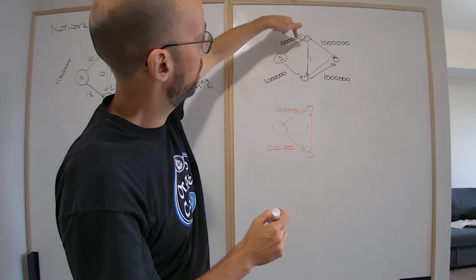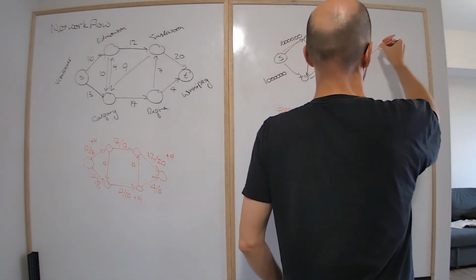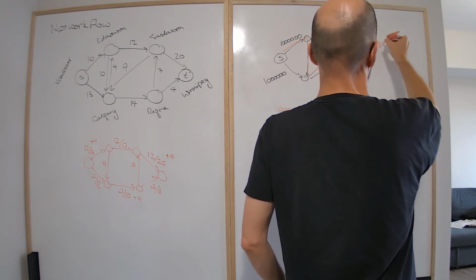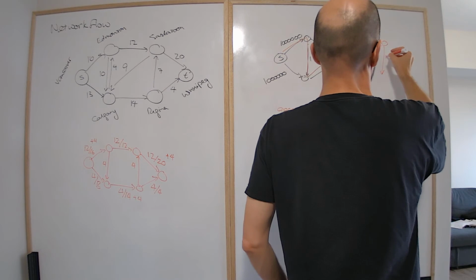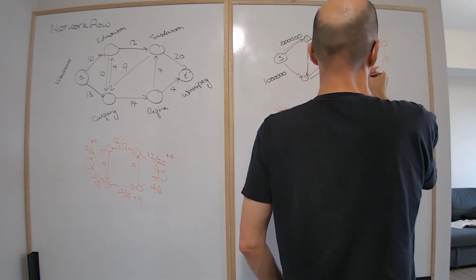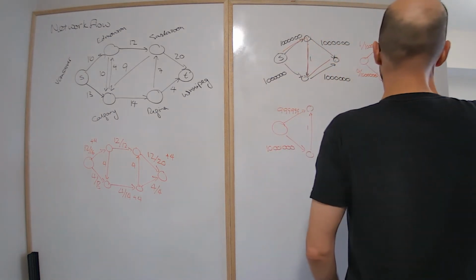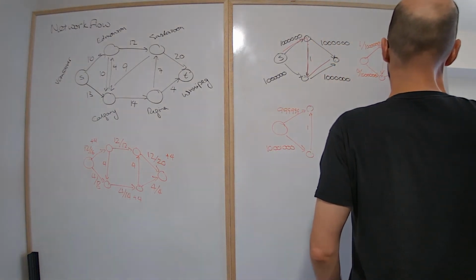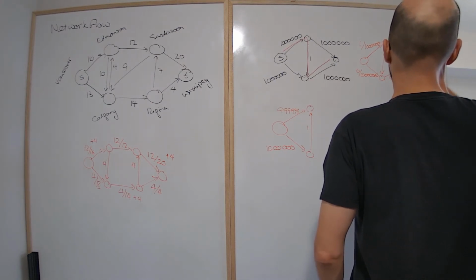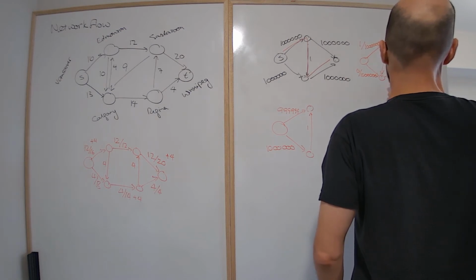So what I've got is a flow of 1 out of 1,000,000, and then 0 out of 1,000,000, 0 out of 1,000,000, and 0 out of 1,000,000. Oh no, sorry, this is 1 out of 1,000,000.